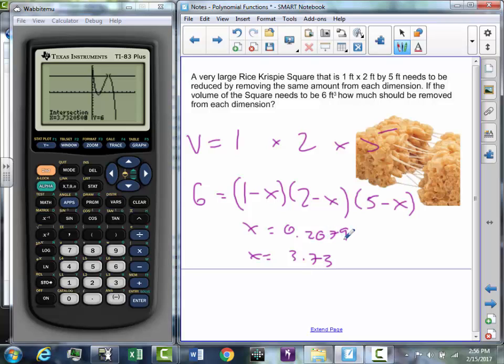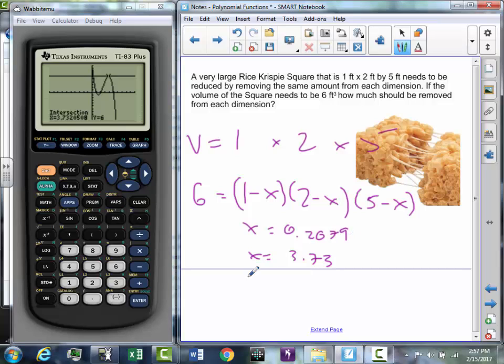So yes or no? Let me come check. You know, maybe it crosses in there twice actually. Maybe that's why. I bet it crosses in there twice.